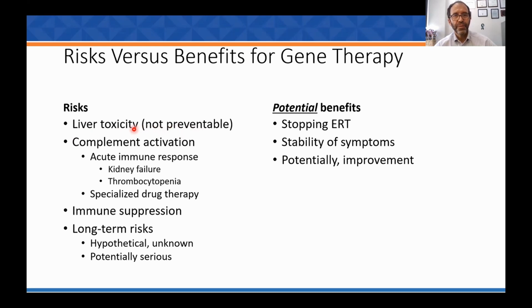But generally, it's not an issue so much. Patients typically remain asymptomatic. And the real risk is that for a liver-based gene therapy, the benefits will be lost. And again, this has to do with the T cell response, the immune response, specifically to AAV in the liver.